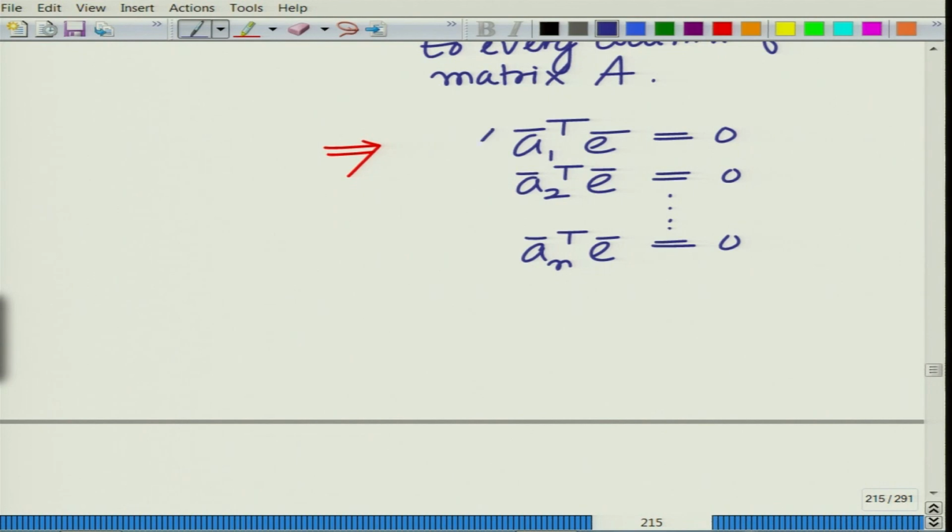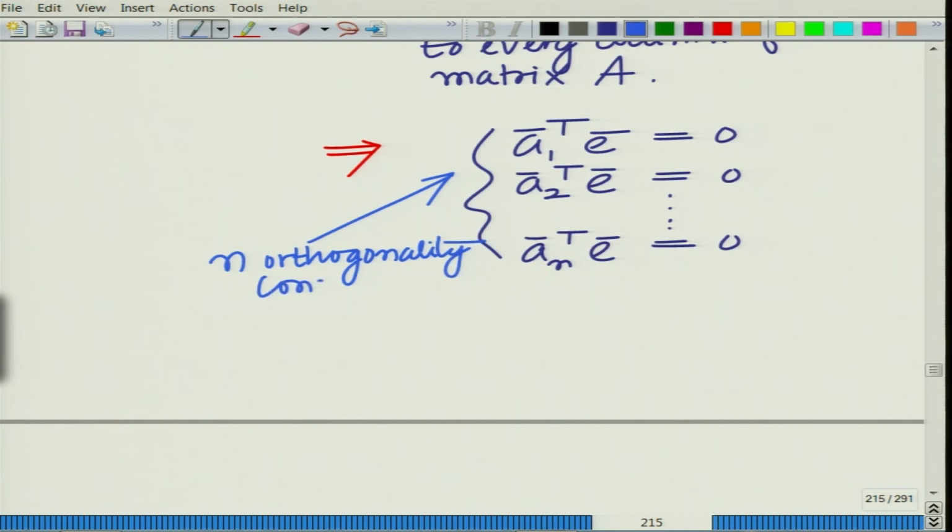So, you have the n orthogonality conditions, that is, the error vector E bar is orthogonal to each column of the matrix A.